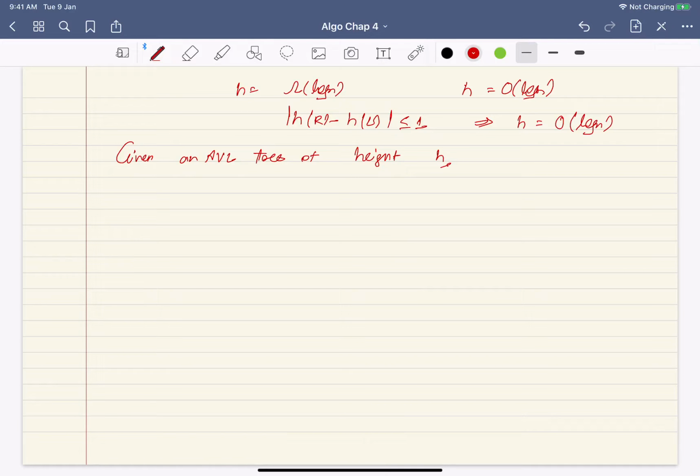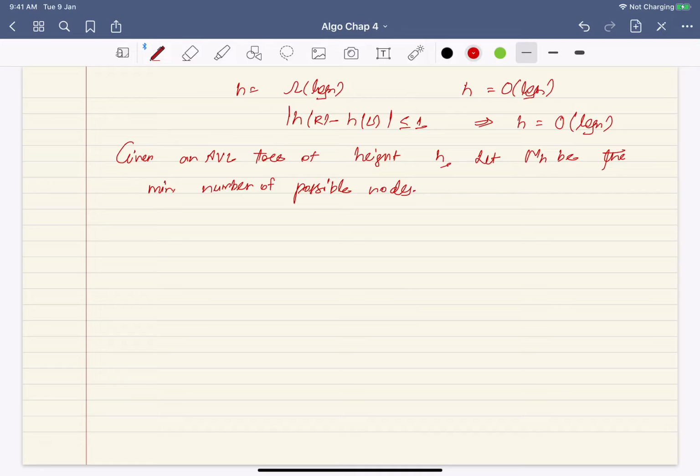If I can prove the minimum number of nodes it can have, right? So what are the minimum number of nodes it will have? Let mh be the minimum number of possible nodes, because height will be the worst when it is having the minimum number of nodes.